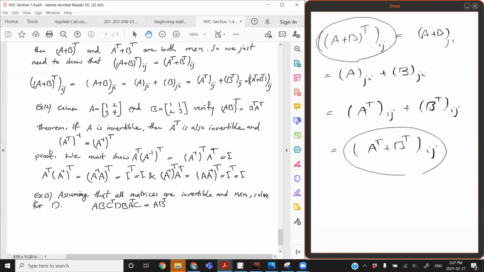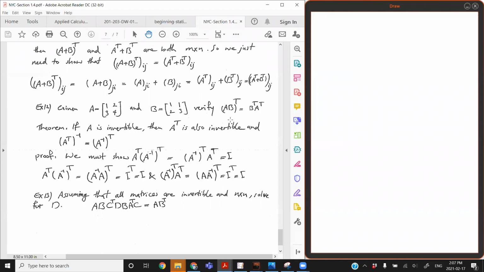Example 12, you have two matrices A and B, and I'm asking you to verify this equation. So you would have to calculate AB, and then from AB you can calculate (AB) transpose.